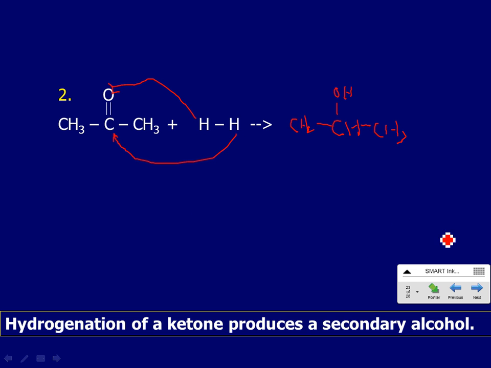So hydrogenation of a ketone produces a secondary alcohol. Essentially the reverse reaction of the controlled oxidation.